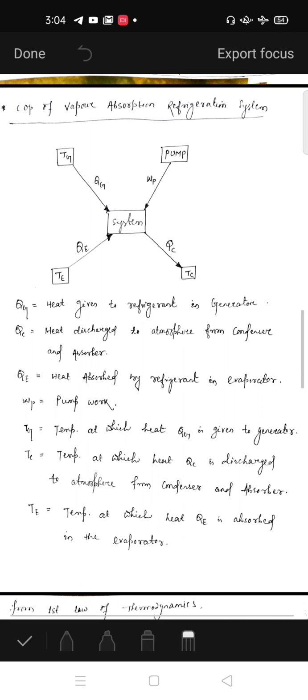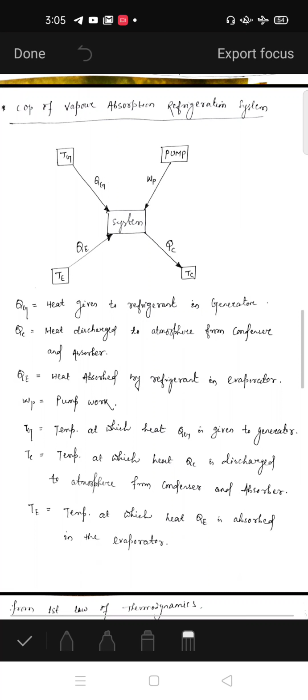Qg is the heat given to the refrigerant in the generator. Similarly, QC is the heat discharged to the atmosphere from the condenser and absorber. QE is the heat absorbed by the refrigerant in the evaporator. Wp is the pump work, and Tg is the corresponding temperature of the generator.